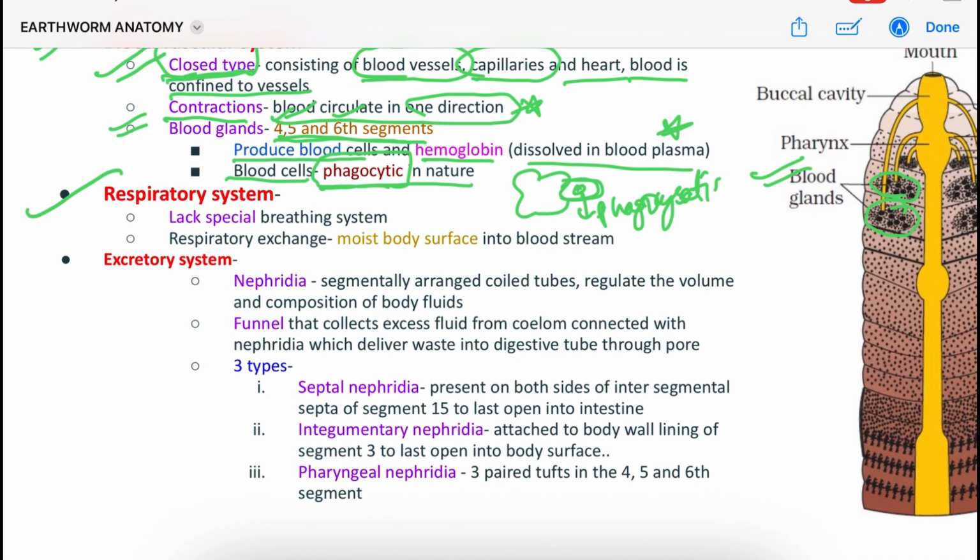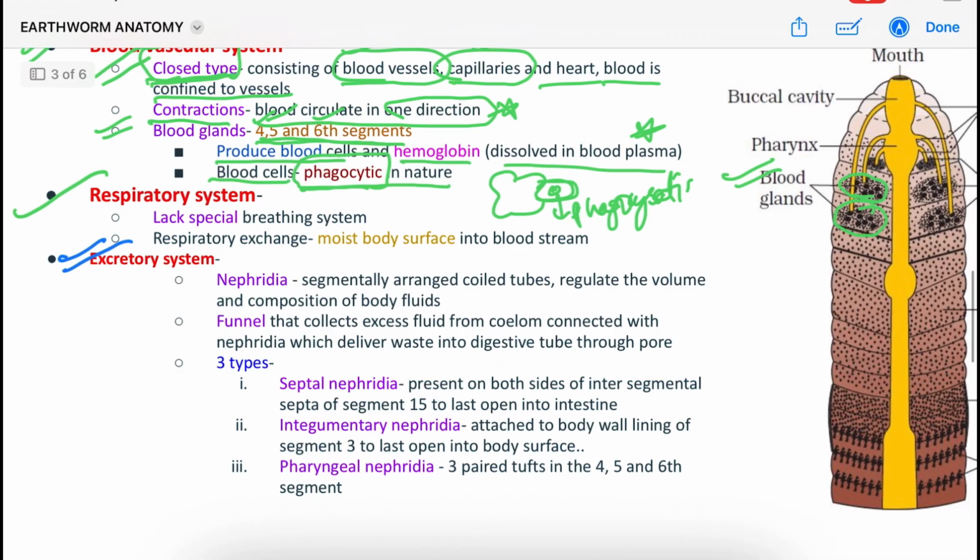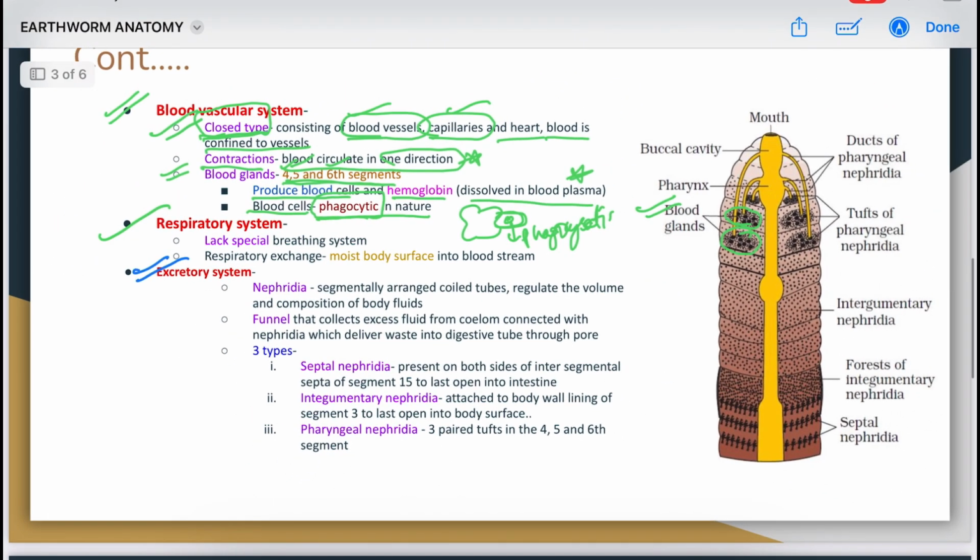Okay, next is the excretory system. Now, what parts does the earthworm use for excretion? First is nephridia. What is nephridia? It is basically segmentally arranged coiled tubes.